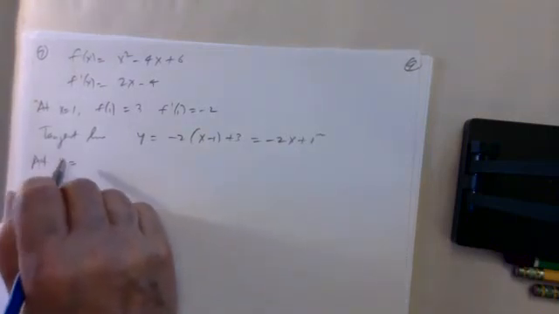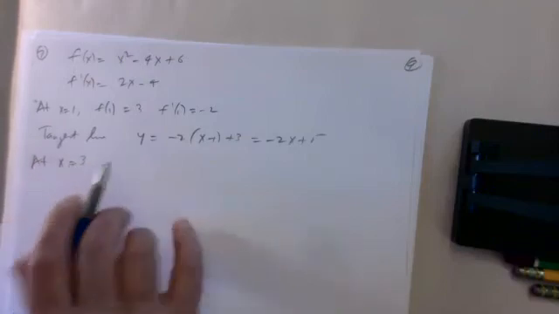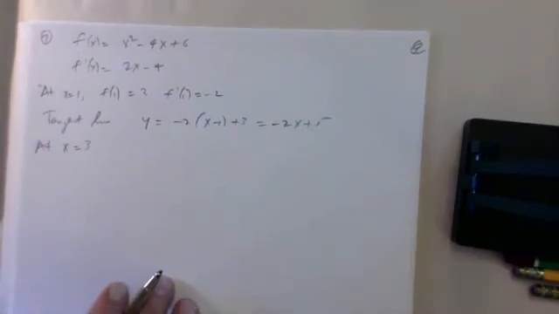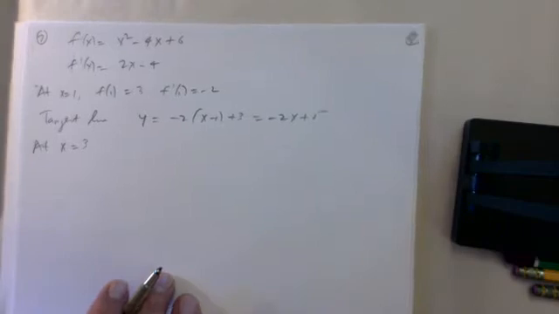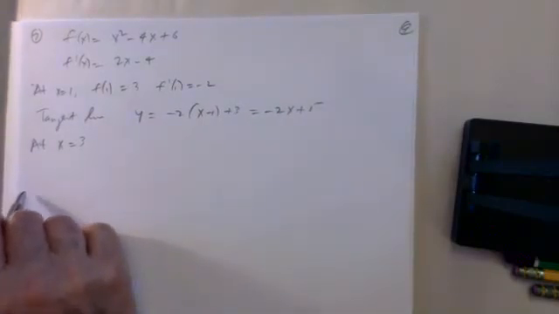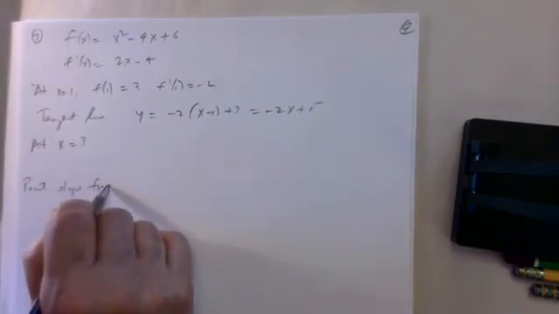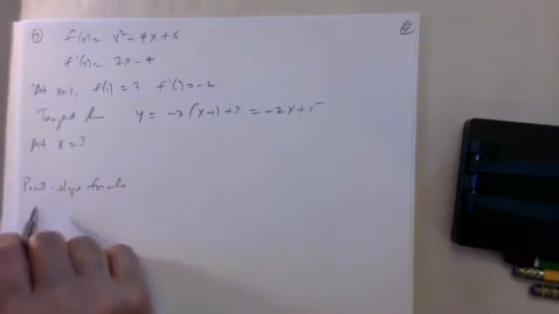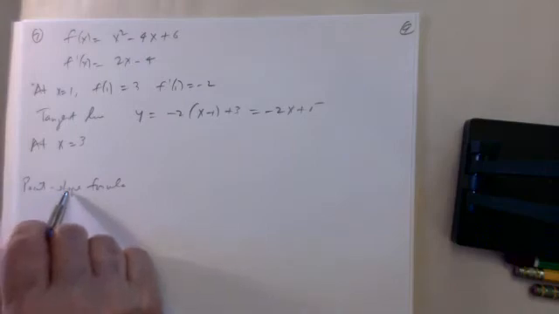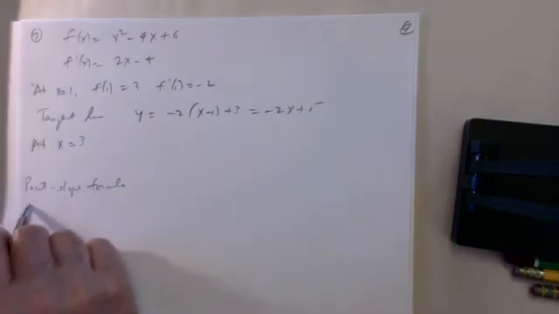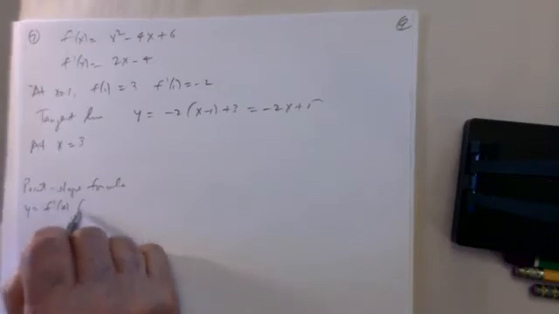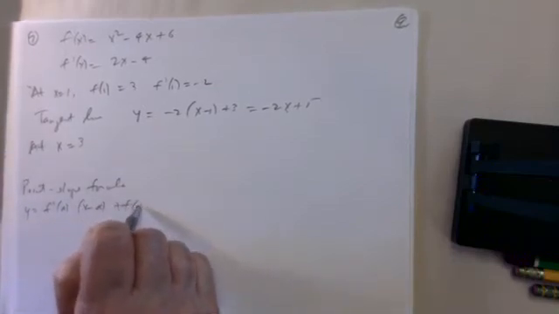And at x equal to 3, Excuse me, Professor, where did you get the x minus 1? Well, for a tangent line, you have to know the point slope formula. The point slope formula says, if you want to find the tangent line to the curve at x equal a, it's y equals f prime of a times x minus a plus f of a.